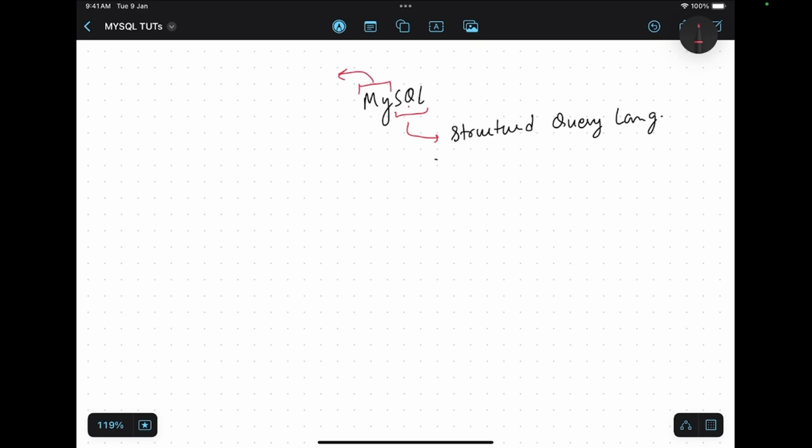It's actually the name of the daughter of the co-founder of MySQL, Michael Widenius. Sorry if I pronounce it wrong. So the daughter of the co-founder of MySQL was named My, so that's why it's named MySQL.